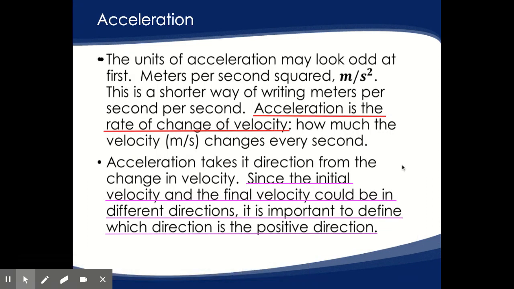When you are looking at acceleration, it is important to designate which direction is positive and which direction is negative if you have things going in opposite directions. When you're talking about velocity and acceleration, you might have an initial velocity in the positive range and then you are slowing down, and you could even have a negative velocity, depending on what direction you're going.